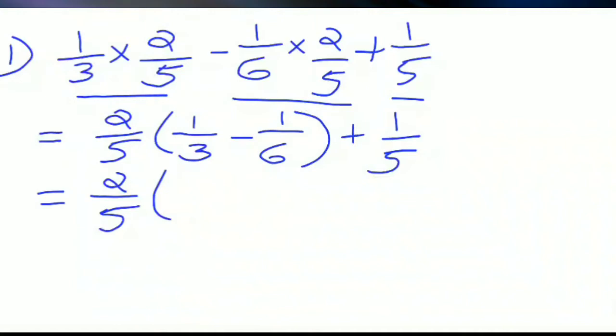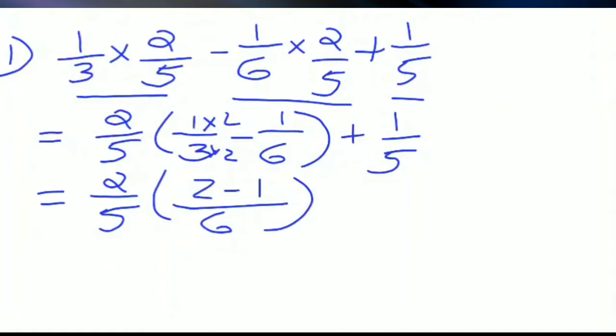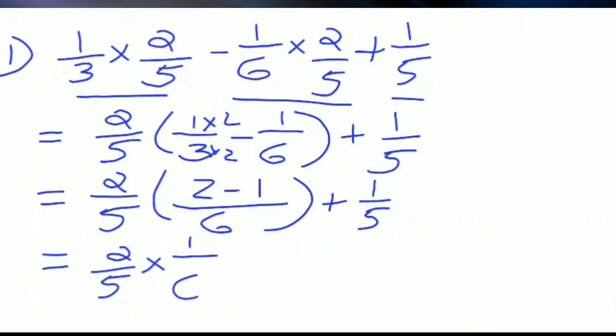It's not a like fraction, so we multiply the 2 down, and the same way multiply the 2 up. So we get 2 minus 1 over 6, plus 1/5. Now we can write it as 2/5 into (2 − 1), that is 1/6, plus 1/5.